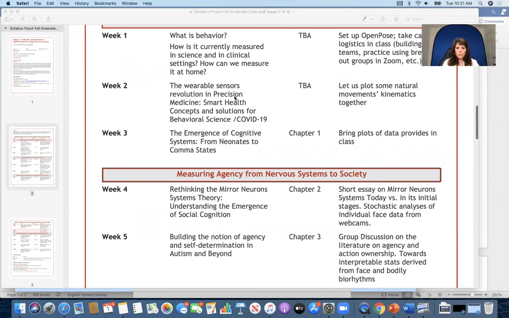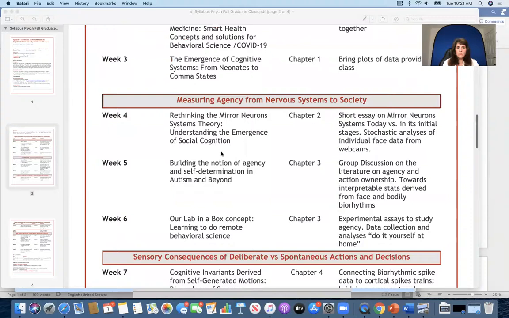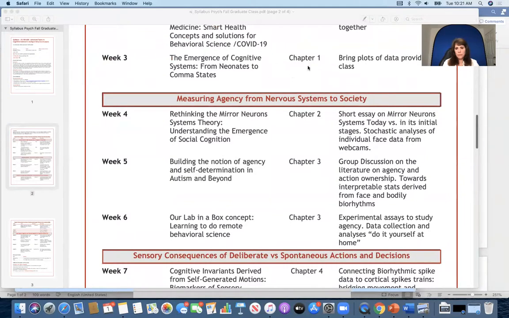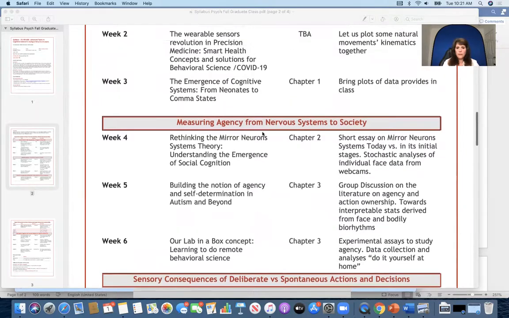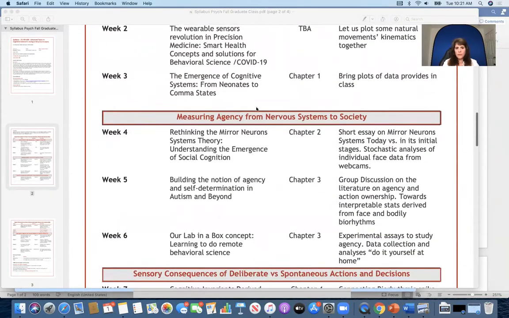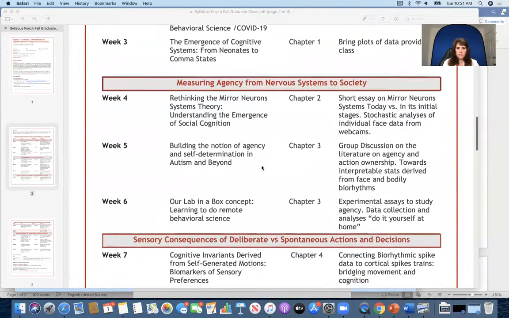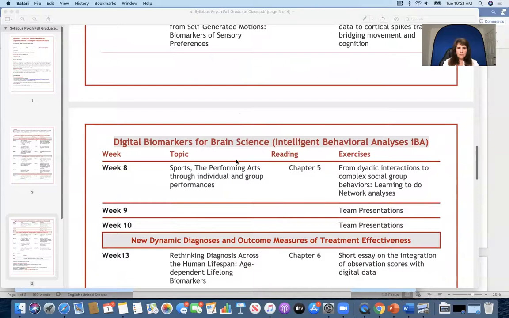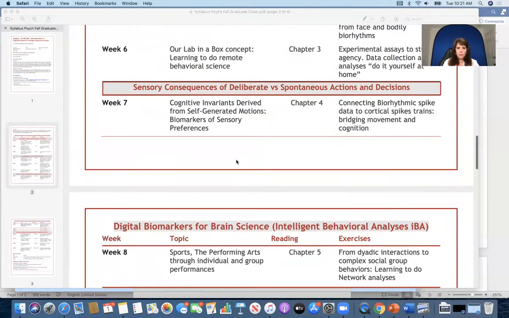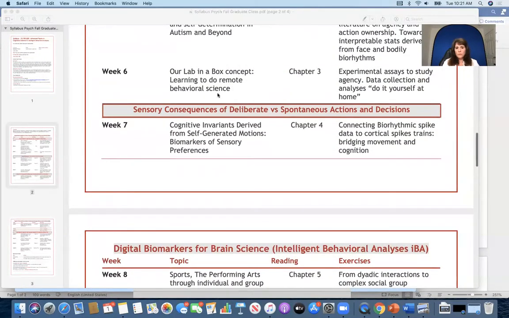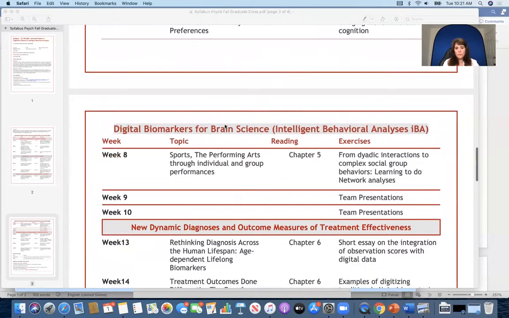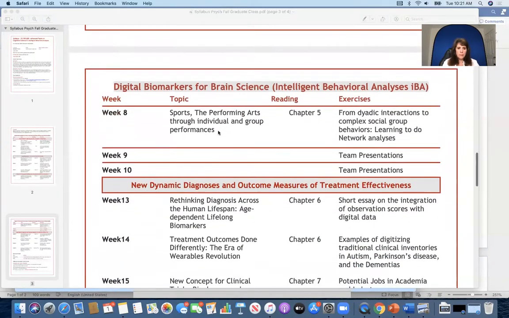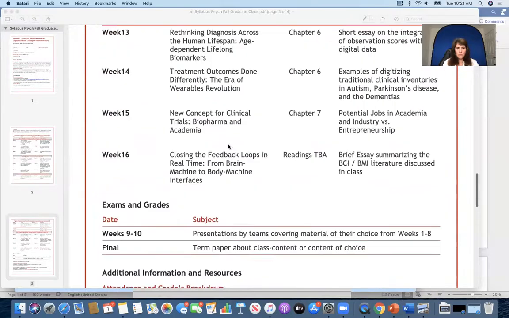We'll talk about the wearable sensor revolution and its role in precision medicine. And then we'll go into the book chapter by chapter, going through different topics, including contemporary topics like how to do remote behavioral science for continuity due to the pandemic, and so forth.